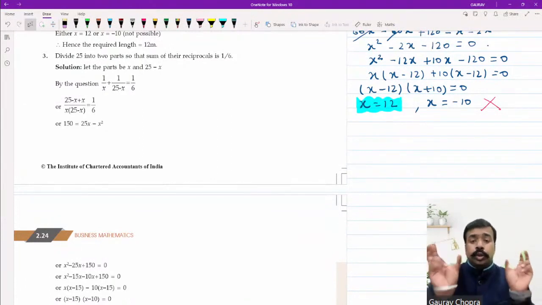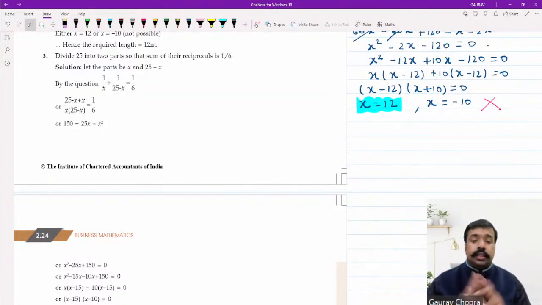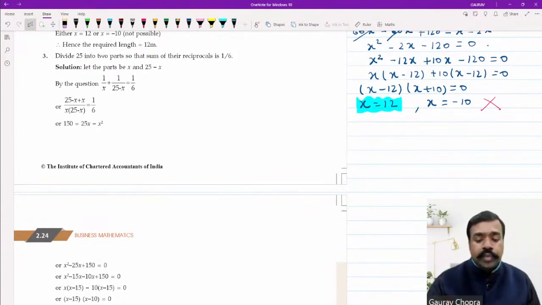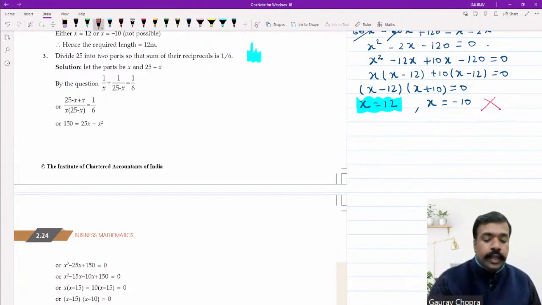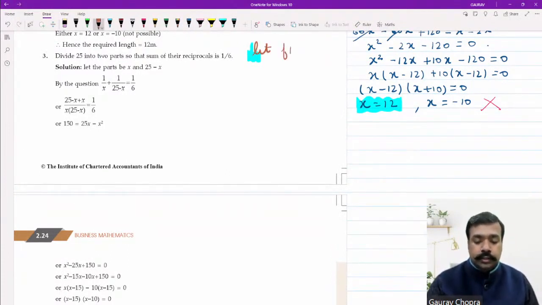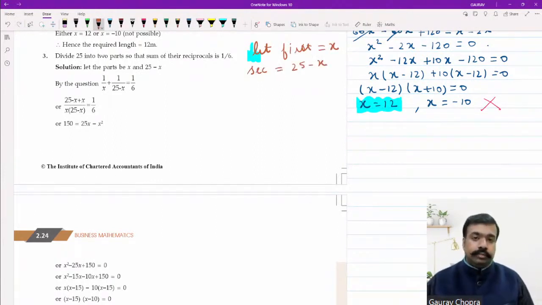So if we have to split into 2, let the first part be x. If one is x, then the second will become 25 minus x.